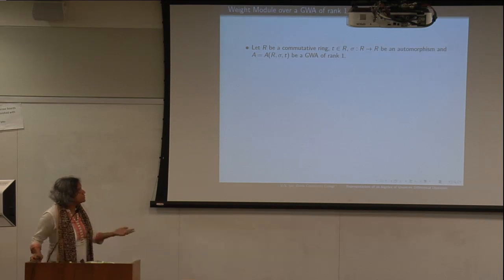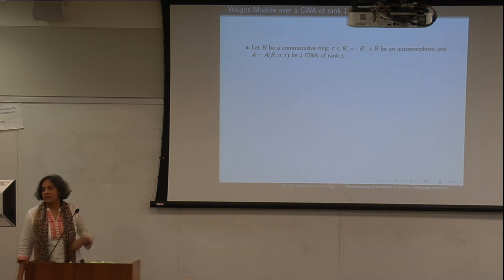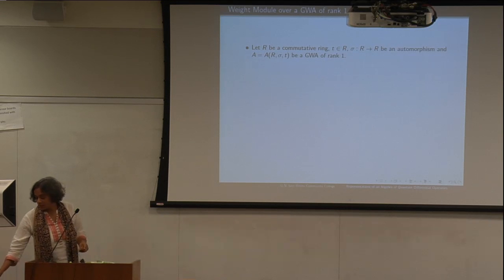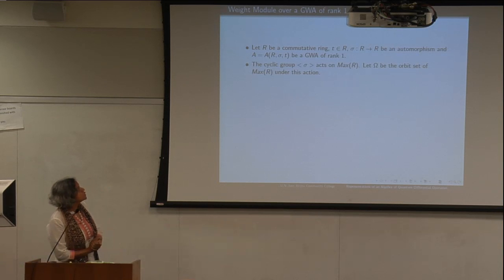So you have a commutative ring and an automorphism of the ring. Take a chosen element t and let A be the generalized Weyl algebra over R. We want to study weight modules of this GWA.